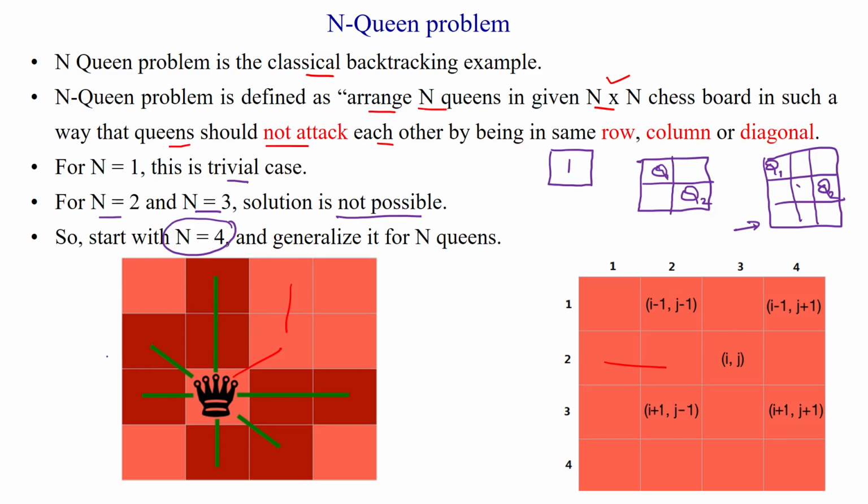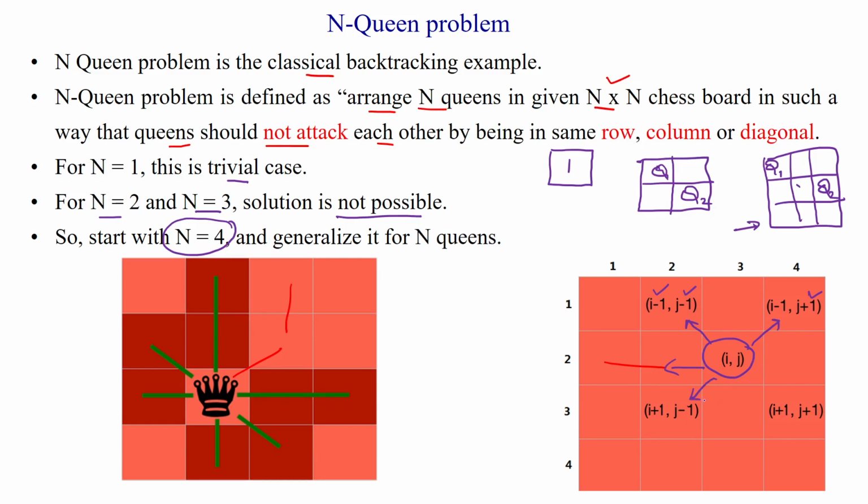So here the chessboard is given. If we place the queen here, the diagonal place can be represented as i minus 1 row and j minus 1 column. This diagonal place is represented as i minus 1 comma j plus 1 column.